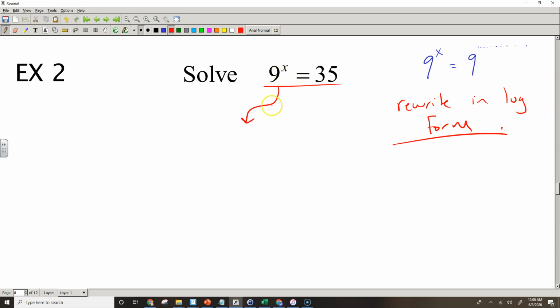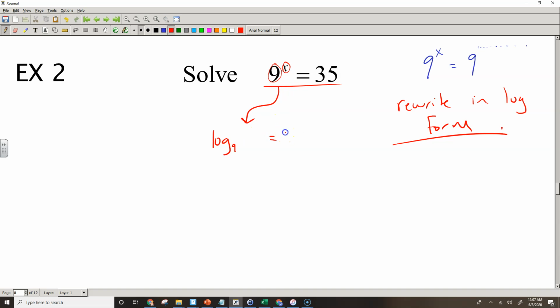If I'm going to rewrite this in log form, I'm going to have a function, log, and I'm going to have an equal sign. I'm going to think about what my base is here. The base of the equation above is 9, so I'm going to have log with a base of 9, and my exponent is x.